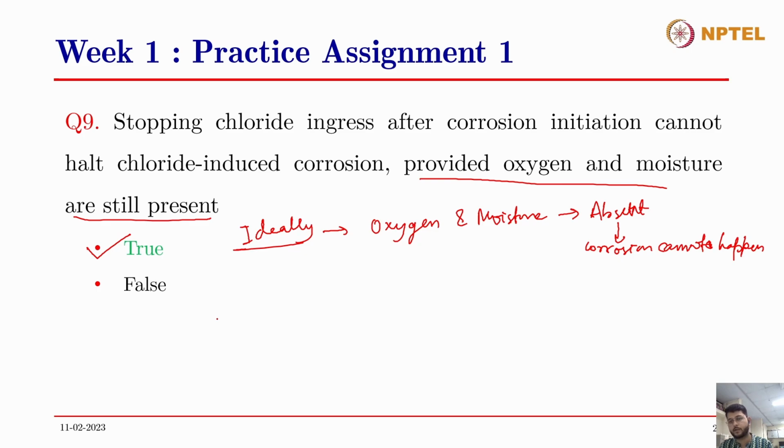You cannot insulate the concrete totally from oxygen and moisture. Since both are present in our environment, the concrete structure will get exposed to both, and hence, even if we try as much as we can, we cannot prevent the corrosion by restricting the oxygen and moisture.